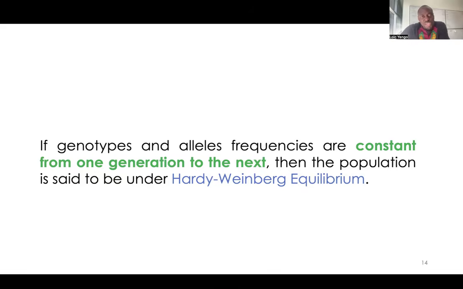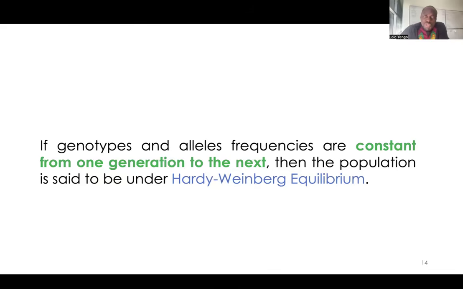So if genotypes and allele frequencies are constant from one generation to the next, then the population is said to be under Hardy-Weinberg equilibrium. And as we see, for the allele frequencies and genotype frequencies to be constant or near constant from one generation to the next, a lot of things will need to happen.